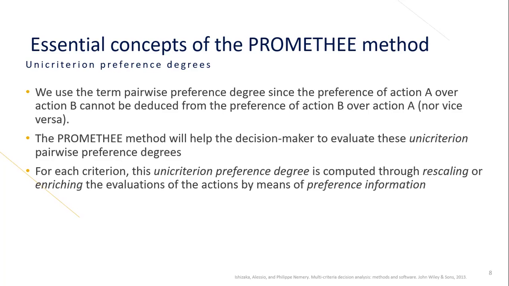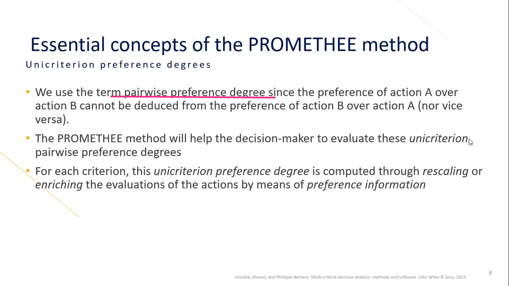But in order to give the score, the preference score, we will compare them one by one, so we call that procedure pairwise preference degree comparisons.